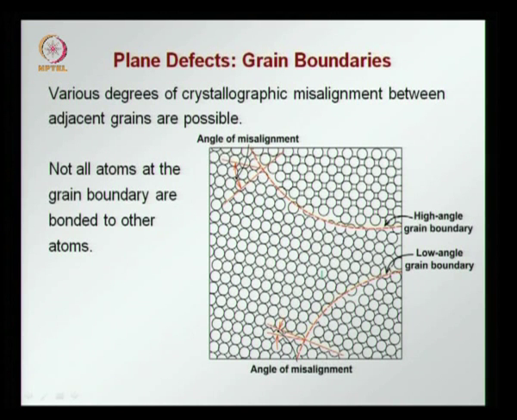We see that explained further here, what occurs at the grain boundaries. Here you have two grain boundaries, this is one and this is another, where you have the intersection between three different crystals. In this one you have the crystal planes running like this, in this one like this, and here like this.